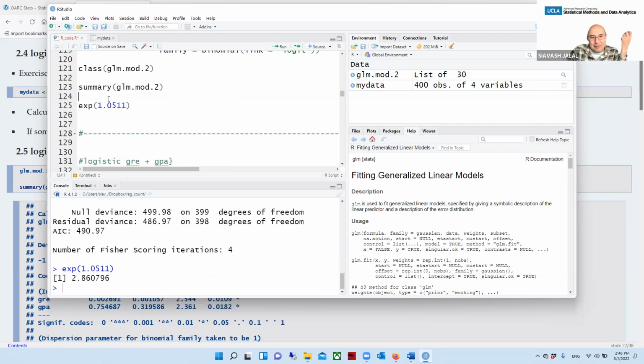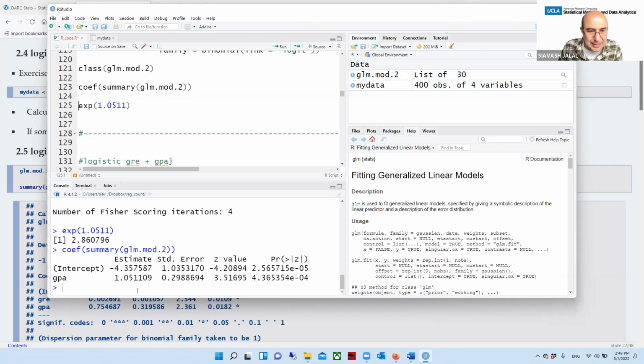Now, again, we don't have to copy paste it. We can exponentiate from extracting this summary. The coefficients of the summary give you the coefficients. Right, you see the coefficient, and the estimate is here. So this is basically kind of like a data frame.